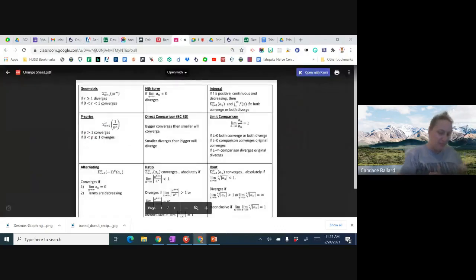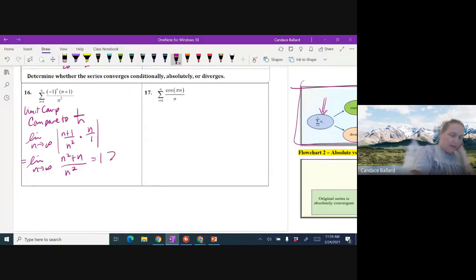Limit comparison test says if I get a limit that's greater than 0, they either both converge or both diverge. So I am greater than 0. Oh, we forgot to tell if it converged or diverged. So what about 1 over n? Does it converge or diverge?